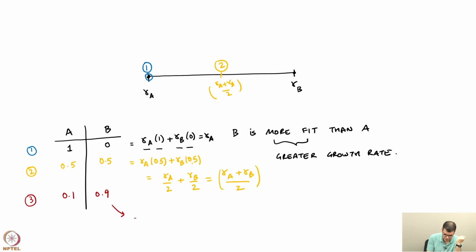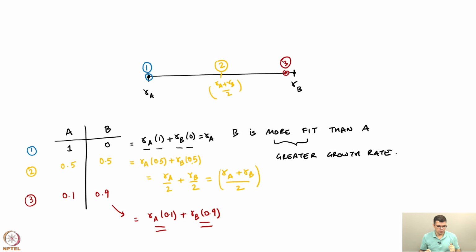In this case the mean fitness is going to be RA times 0.1 plus RB times 0.9, which you should realize is much closer to B than to A, because this combined number is 90% of B and only 10% of A. When it was 50% A, 50% B, it was right at the center. This is 90% of B. So, this is going to be very close to B, but not quite equal to B.